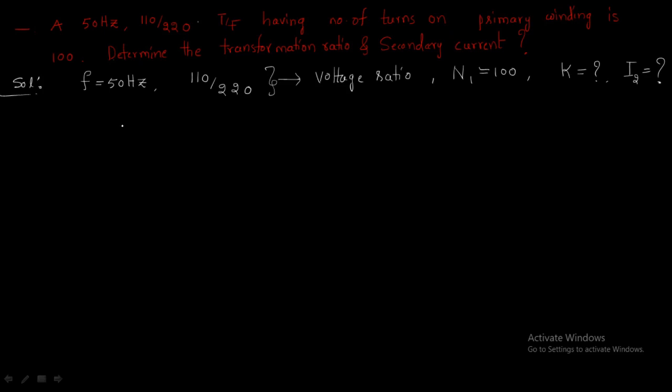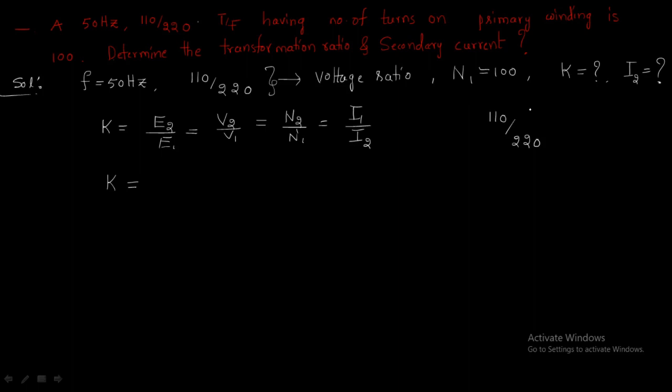What is the formula for the transformation ratio? It is generally represented with K. K equal to E2 by E1, V2 by V1 equal to N2 by N1 equal to I1 by I2. This is the transformation ratio. He has already given the voltage ratio, 110 by 220.